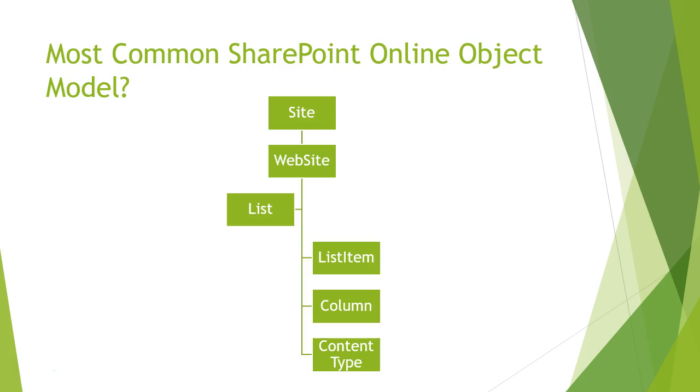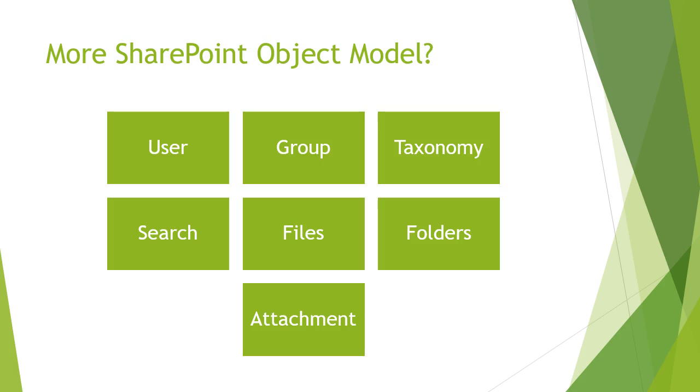Now coming to SharePoint Online. What are the most common SharePoint Online objects? We have the site, and then the list, and then the list item, the columns or content type. So the most frequently used is the list and the list item. And what are the other SharePoint objects in the object model?